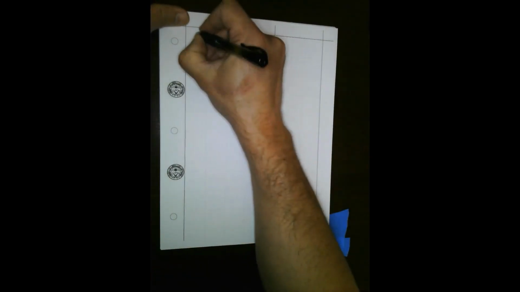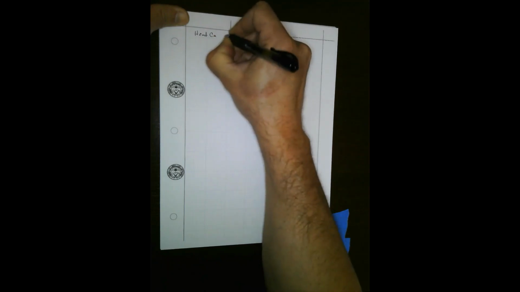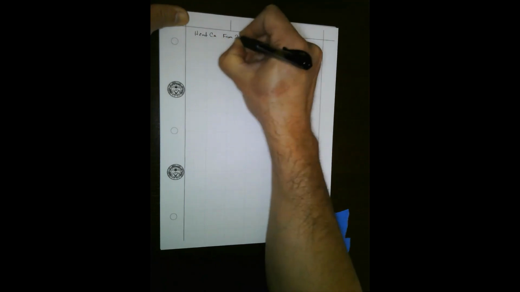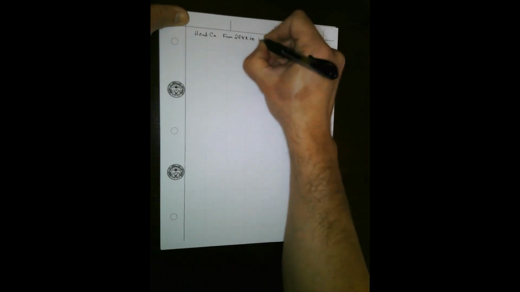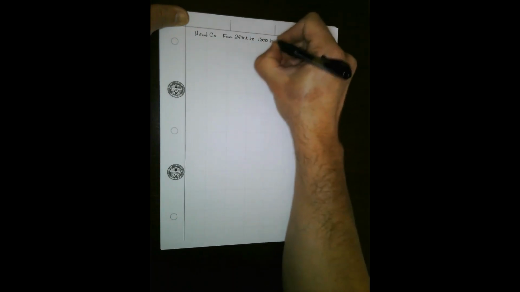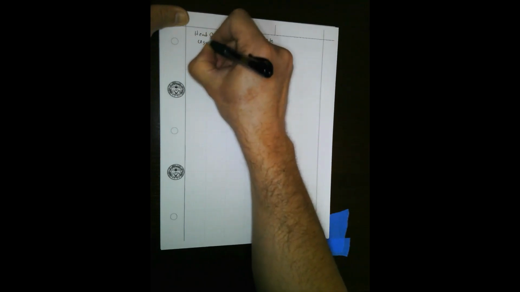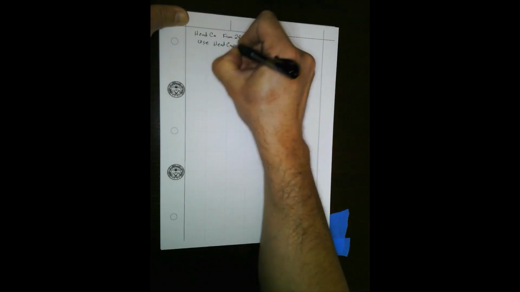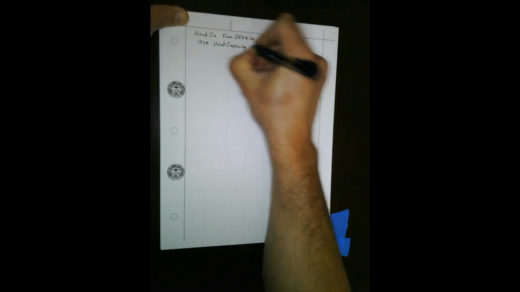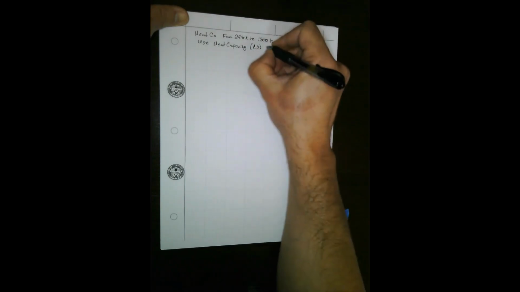Alrighty, so what we're going to do now is heat calcium from 298K to 1800K using the constant pressure heat capacity equations.